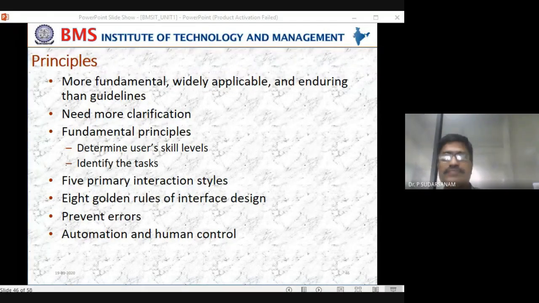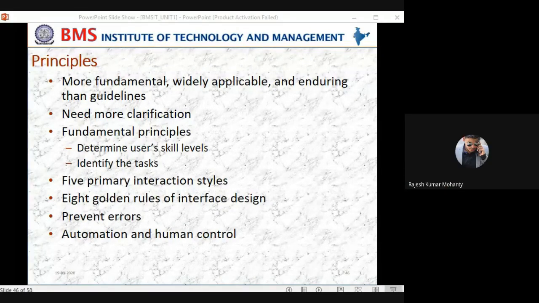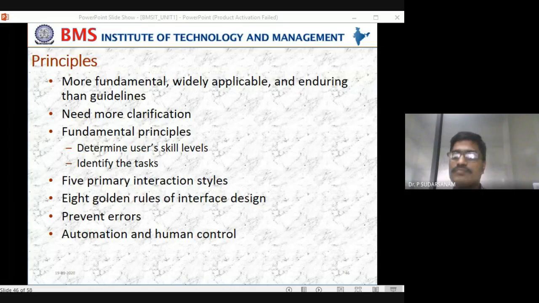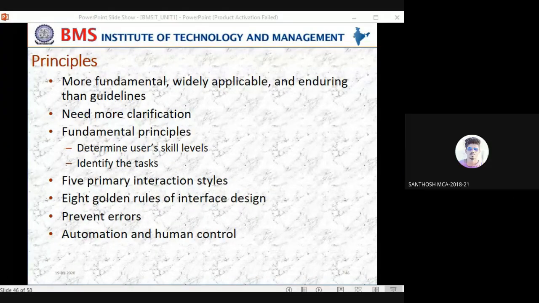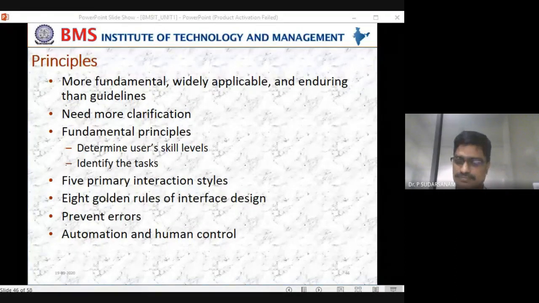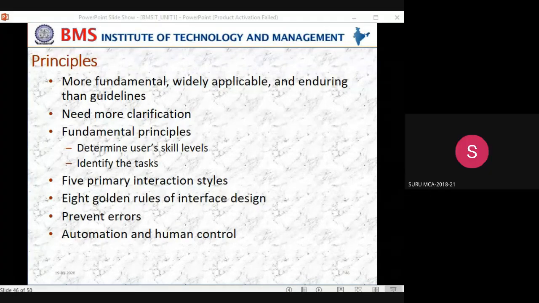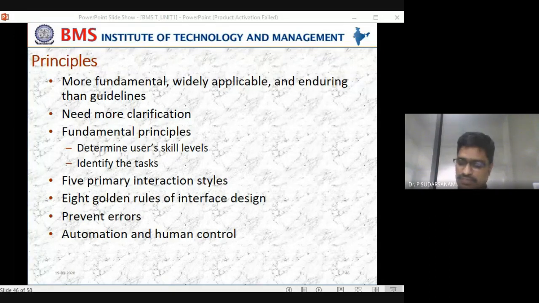20. Present, sir. 21, 22. Rajesh. 24. Yes, sir. 25. Anand. 26. Yes, sir. 27. Yes, sir. 29. Present, sir. 30. Yes, sir. 31. Present, sir. 32. 33. Yes, sir. 34. Present, sir. 35. 50.